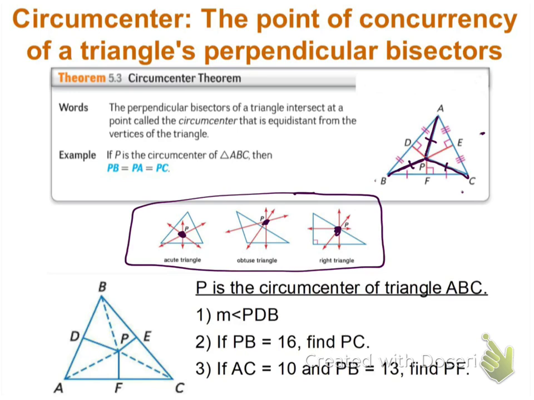Okay, so now let's look at these three questions. The measure of PDB. If that is my perpendicular bisector, then perpendicular means that that's going to be 90 degrees.